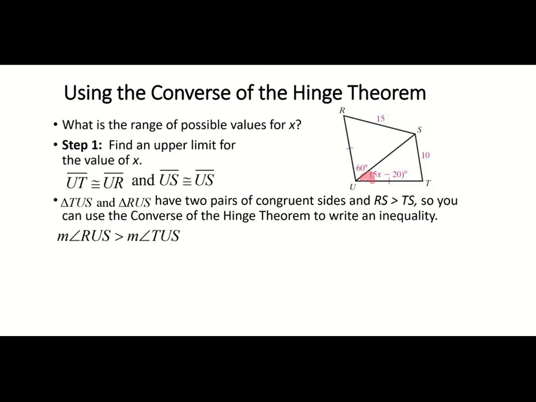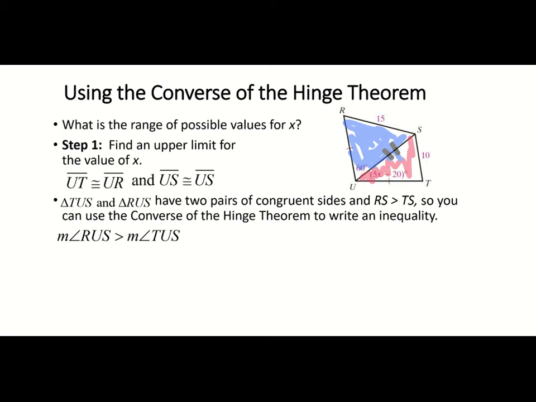Here, I do have two triangles. So here's one triangle, and here's the other one. I'm also given that RU is the same as UT, and through the reflexive property, I know that US is congruent to US.